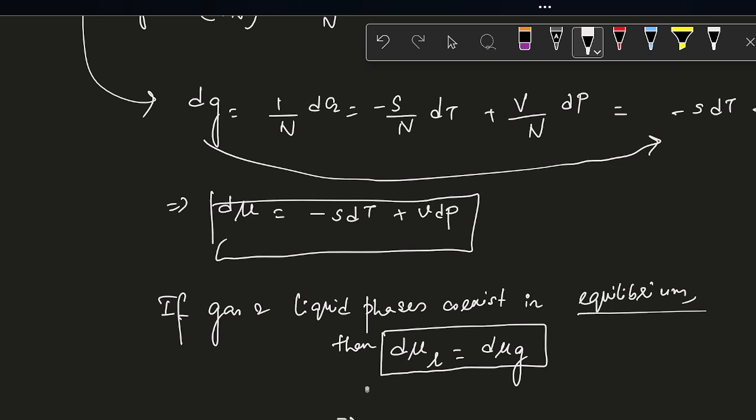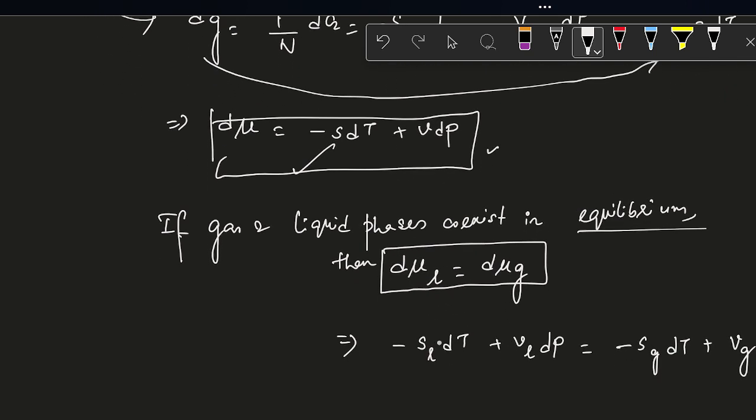And if that is true, then using this relation you get minus small s L dT plus small v L dP equal to minus small s G dT plus small v G dP. Basically, you have used this relation and replaced it in terms of the liquid and gas phases, with subscript L for the liquid phase and subscript G for the gaseous phase. So we take things to one side.